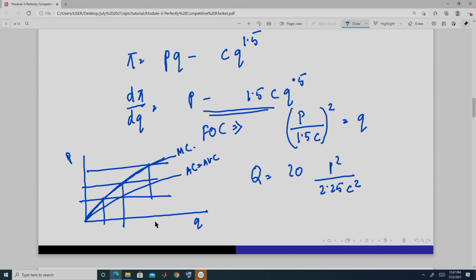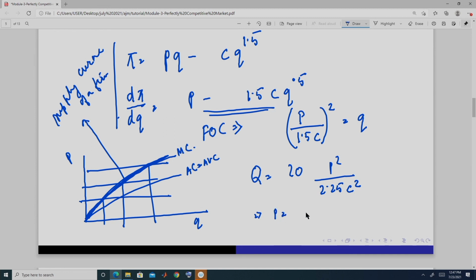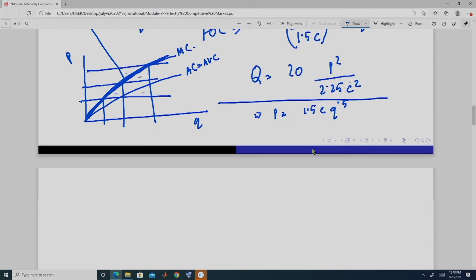So, this whole line is the supply curve of a firm, right. So, supply curve of a firm is P equal to 1.5 C. But the market supply is this when there are 20 firms.